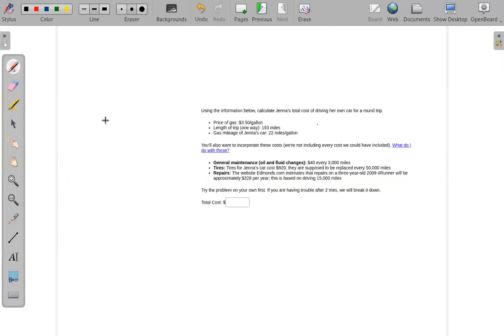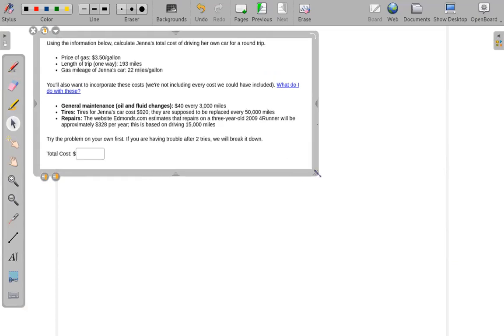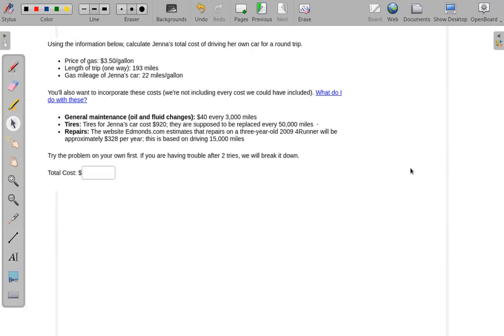All right, so you should definitely be writing this down on a piece of paper. All right, so like before, we're going to have to deal with the cost of gas. So I think what I'll do here is I'm going to come up with a cost per mile for each situation here.